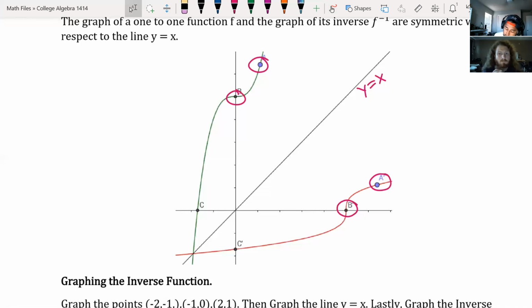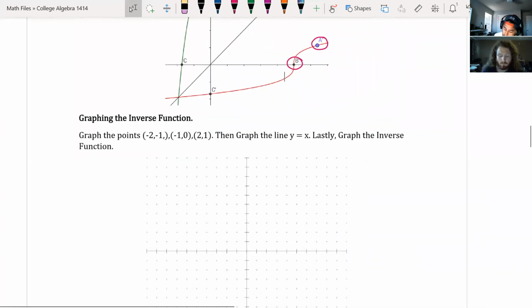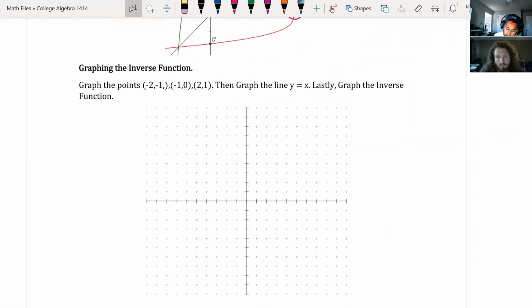Okay, now let's go ahead and try it. So we're given points and we want to plot them, see if it's one-to-one. And if this graph is one-to-one, then it'll definitely have an inverse. And we will reflect it across that line y equals x. All right.